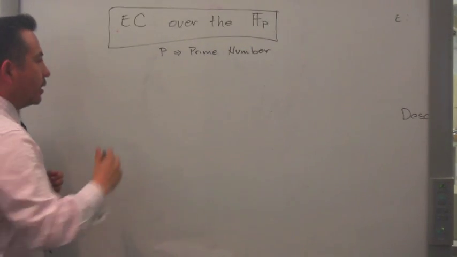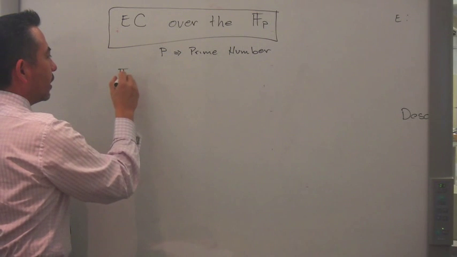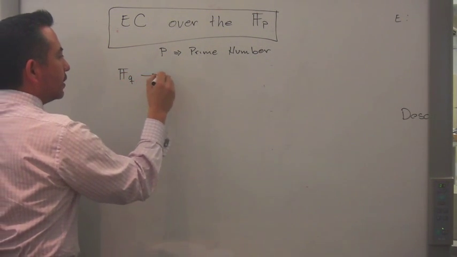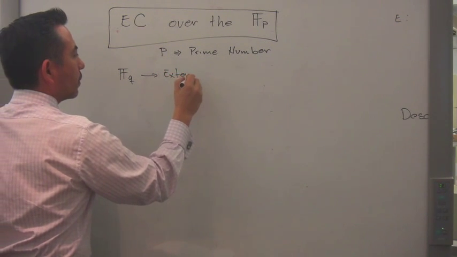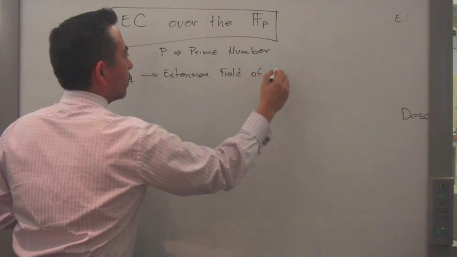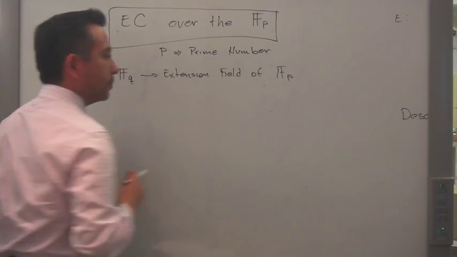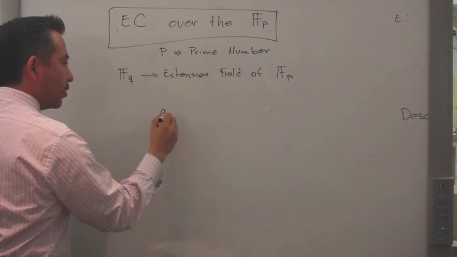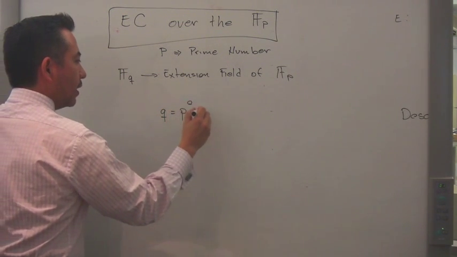We understand that F of Q is an extension field of F of P, so it means that we have Q equal to P to the e elements.